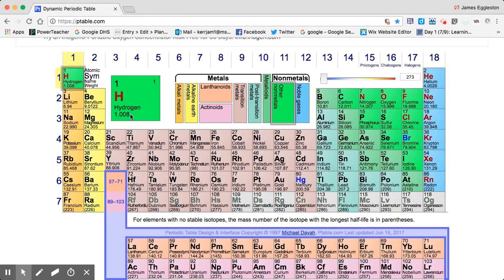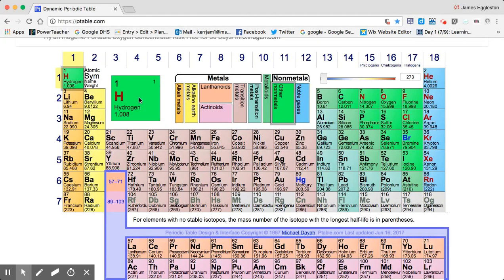Tritium has 1 proton and 2 neutrons for a mass of 3. As we look at this number here, 1.008, we see that the most common form of hydrogen has only 1 proton. So it has a mass of 1. That's the most common kind of hydrogen, the most common isotope of hydrogen.